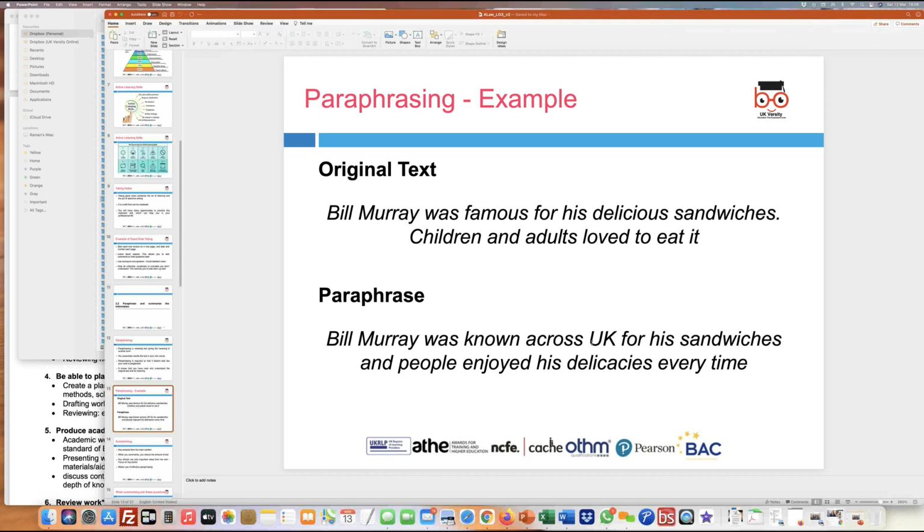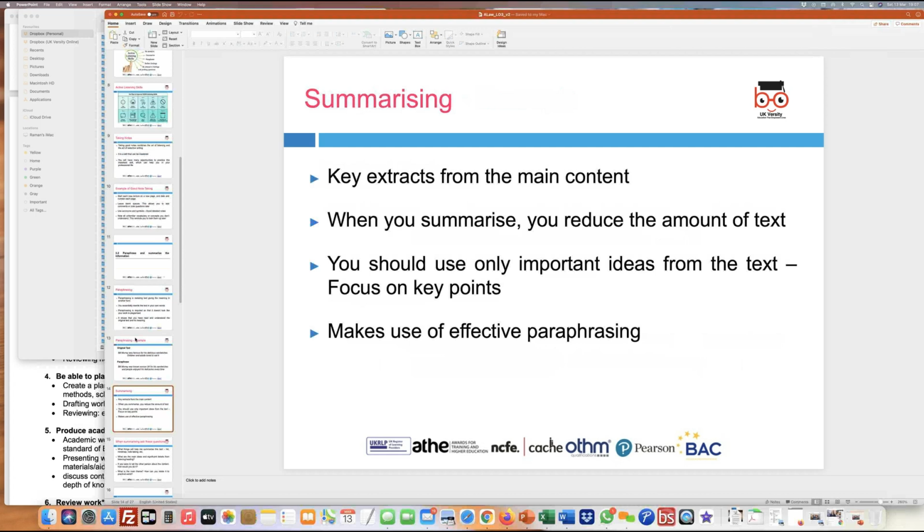So here: Bill Murray was known across the UK for his sandwiches, and people enjoyed his delicacies every time. So what you've done is changed certain words, but you've conveyed the same meaning, that he's a person who was known for producing delicious sandwiches, and people of all ages enjoyed them every time they had them.